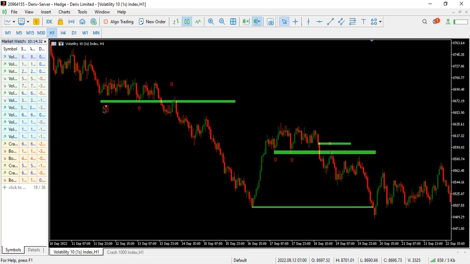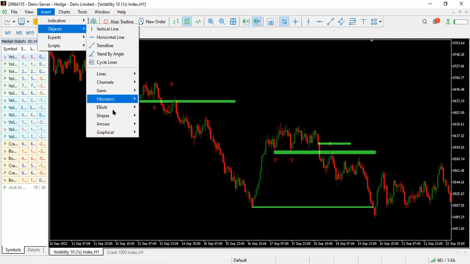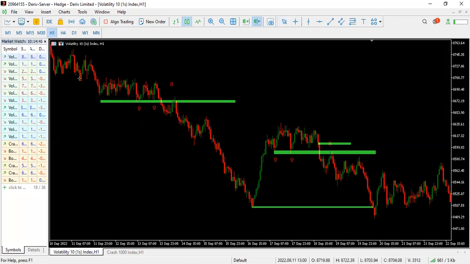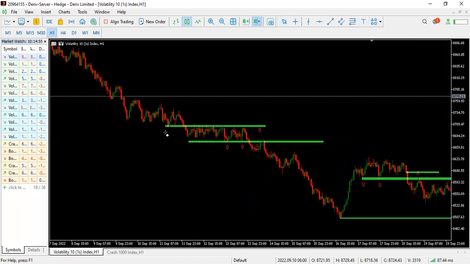First time, and then second time. Remember, we have a support here. Look at what happened above the flip. The price was turning this side.